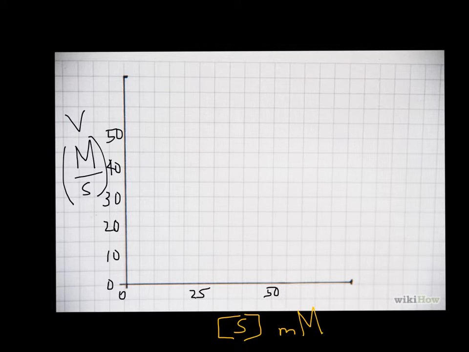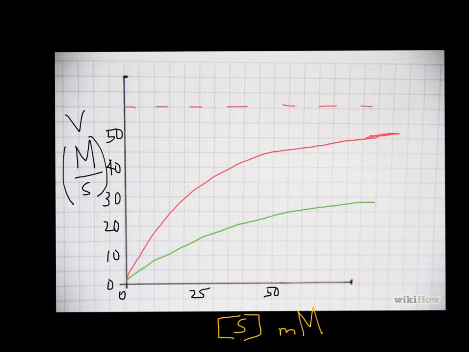Okay, so this enzyme here's one, and we'll have this one. Alright. So first off, let's determine the Vmaxes for each of these. So Vmax would be the asymptote that it approaches. Let's say this one would eventually approach 60.